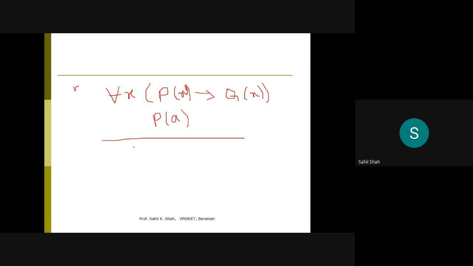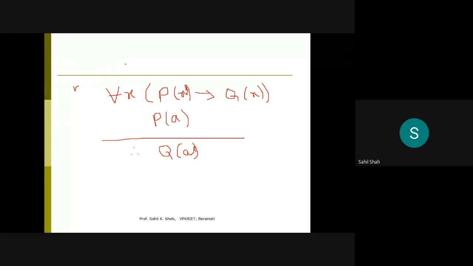So what is the conclusion? If we know that for all x, P of x conditional Q of x is true as well as P of a is true, our conclusion will be Q of a. This law is known as universal modus ponens.